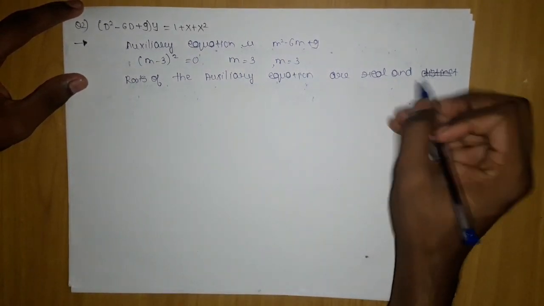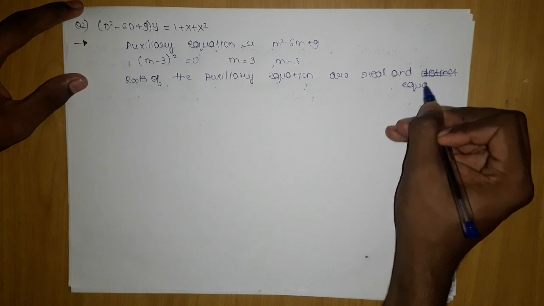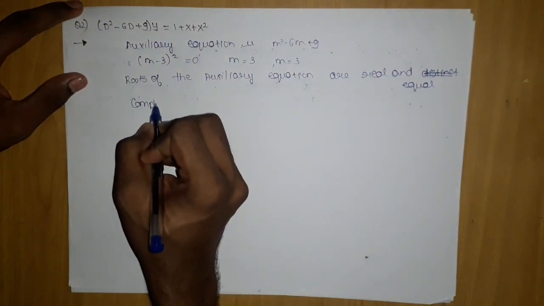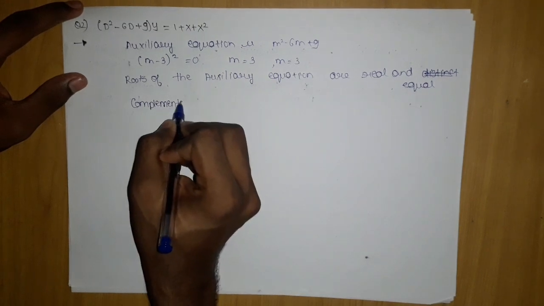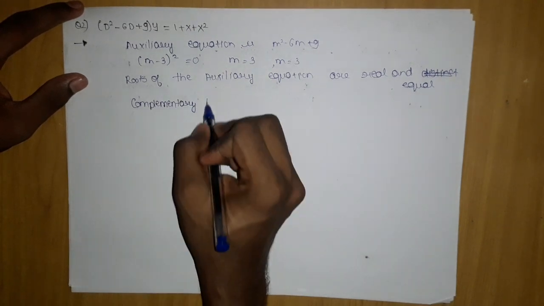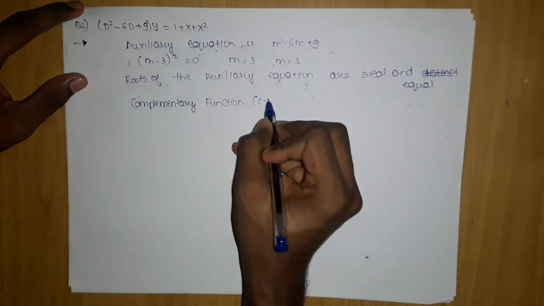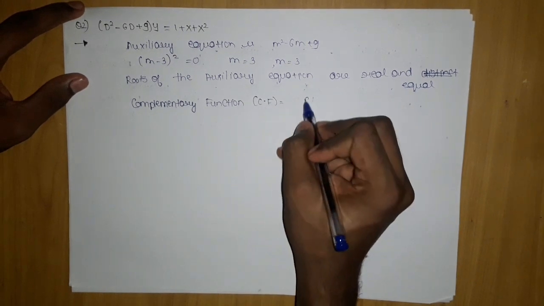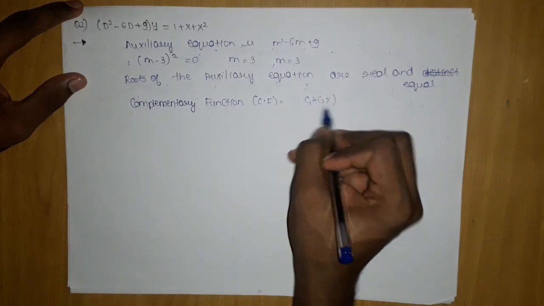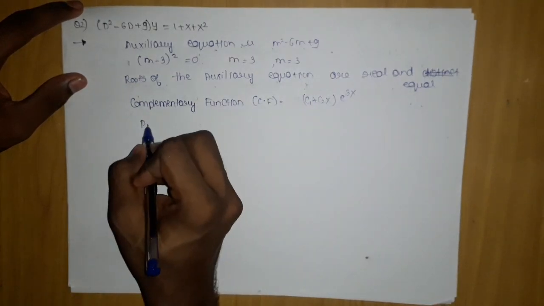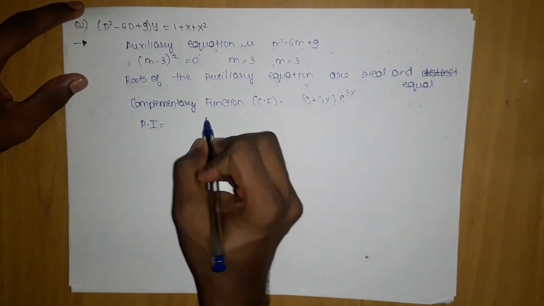Sorry, real and equal, not distinct, real and equal. After this we can get the complementary function, which we call CF, which will be (C1 plus C2 x) e to the power 3x. After getting this, we can focus on getting the particular integral.